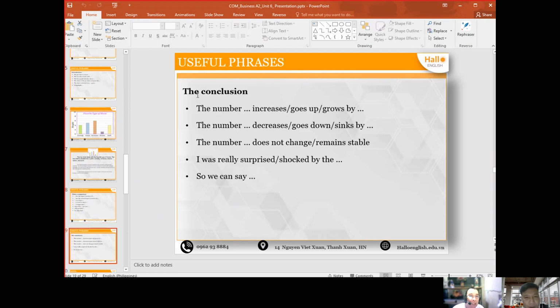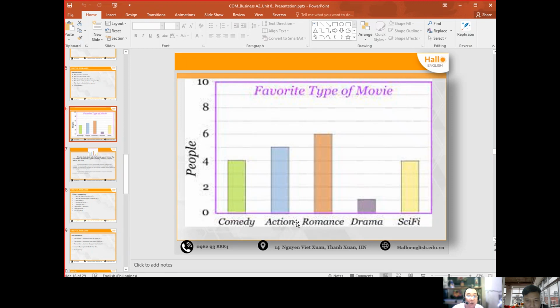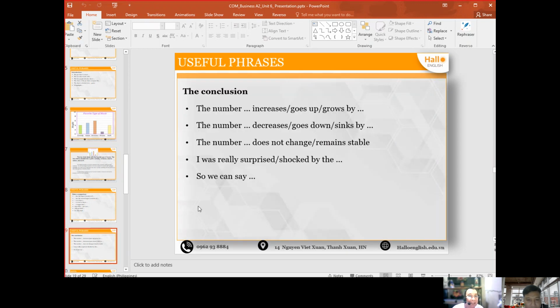For the conclusion, you must say, for example, the number of people who watch romance increases, or goes up, or grows by, it depends, let's say 75% compared to drama.